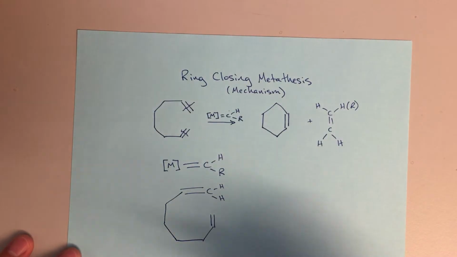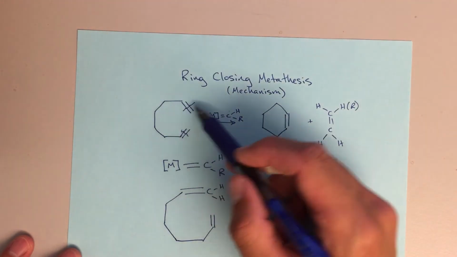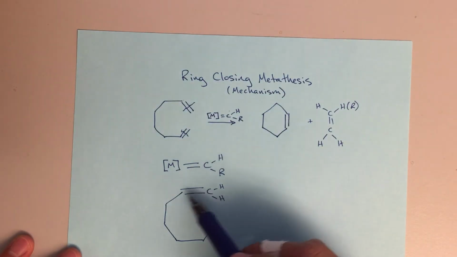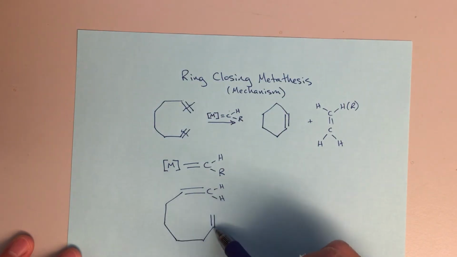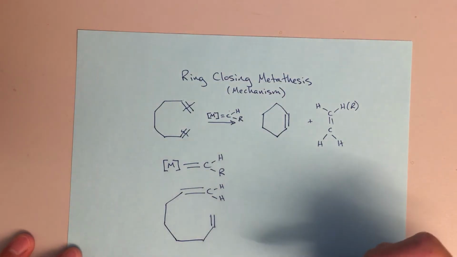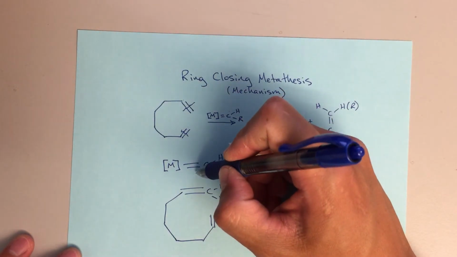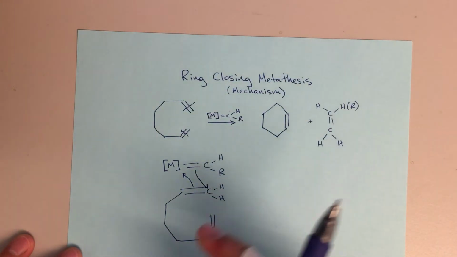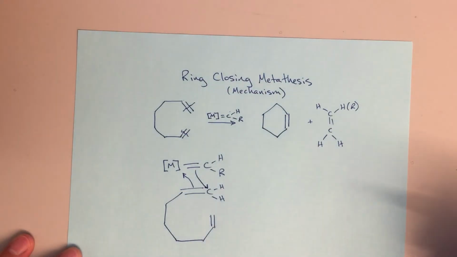Let's double check the number of carbons we have. In this ring, I've got 1, 2, 3, 4, 5, 6, 7, 8 carbons. So we're in good shape so far. This reaction mechanism is going to look like this, where we're doing that double bond dance, that olefin metathesis.